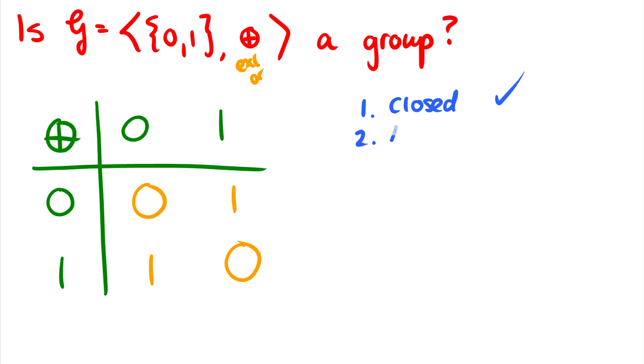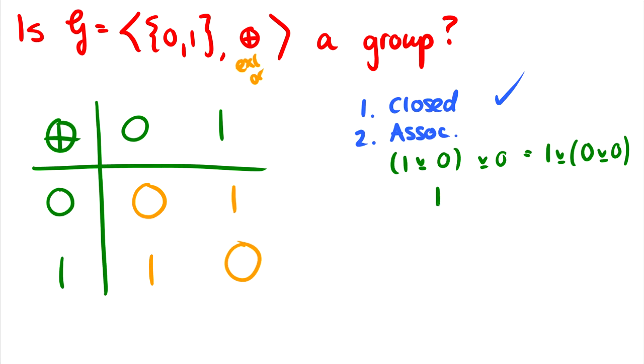2, is it associative? You can check it yourself, but I'll do one example here. So if we take 1 exclusive OR, I'm going to write it with a different symbol just for the thickness of this pen. Is this equal to 1 exclusive OR, 0 exclusive OR 0? So we can check these individually. Well, 1 exclusive OR 0 is just 1.